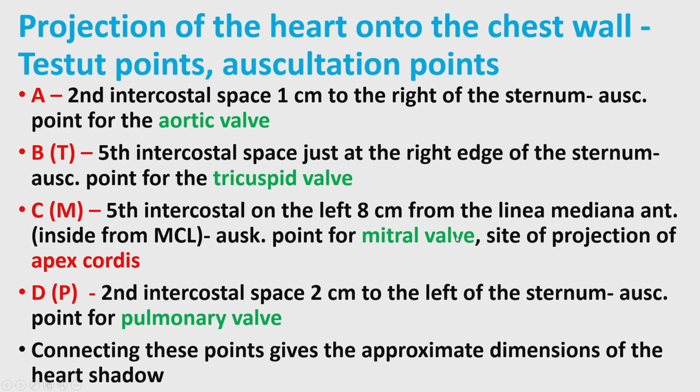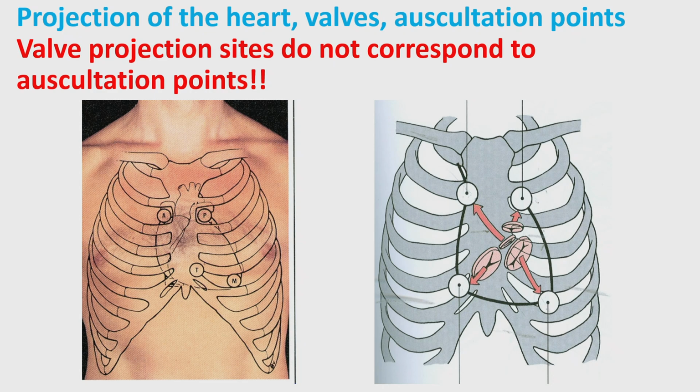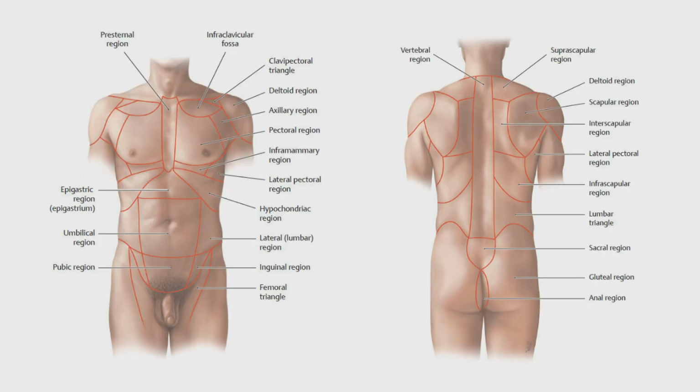The apex of the heart projects to the fifth intercostal space at the level of the mid-clavicular line, or 8 centimeters from the median line. So this is the projection of the apex cordis. That is very important also for the topography of the heart.